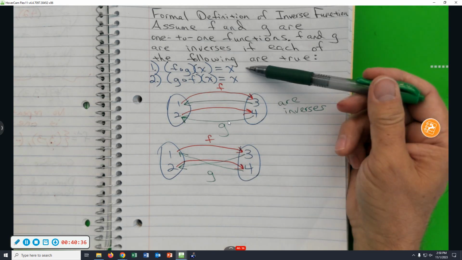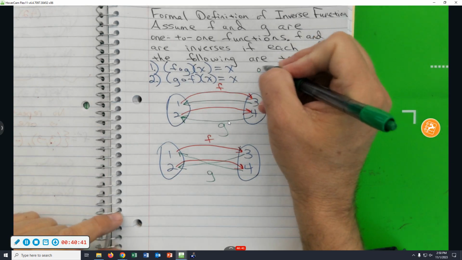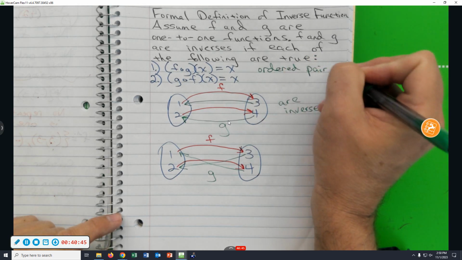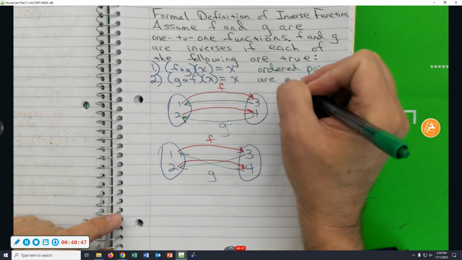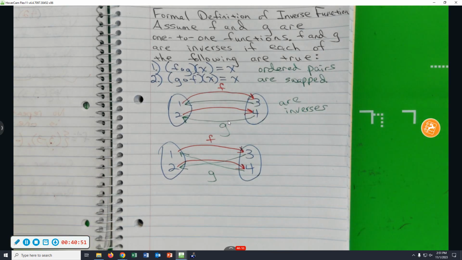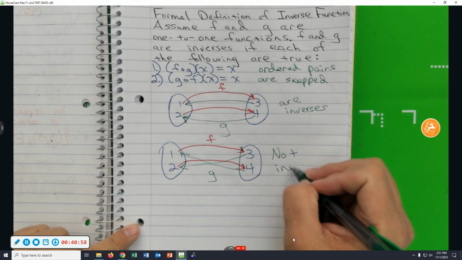The only way you're always going to end up where you started is if the ordered pairs are just swapped. These things here are clearly not inverses.